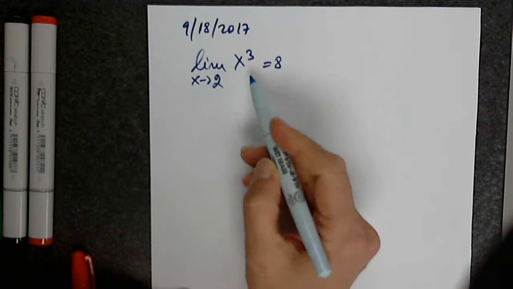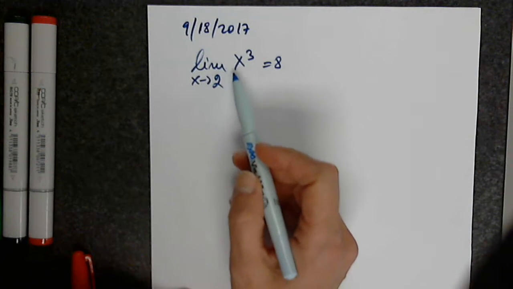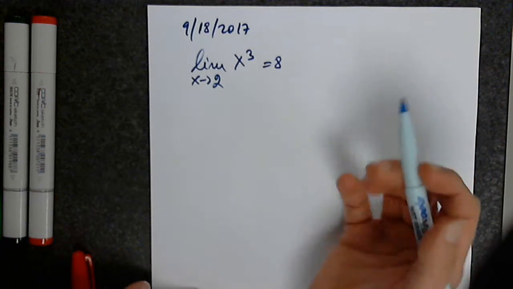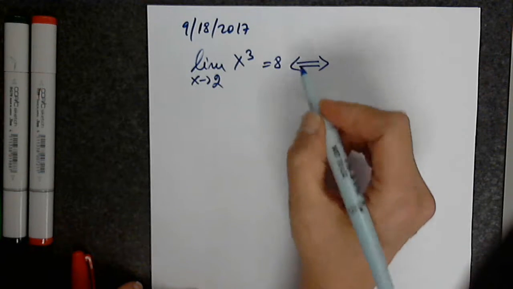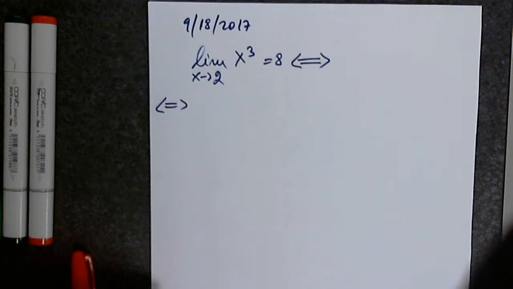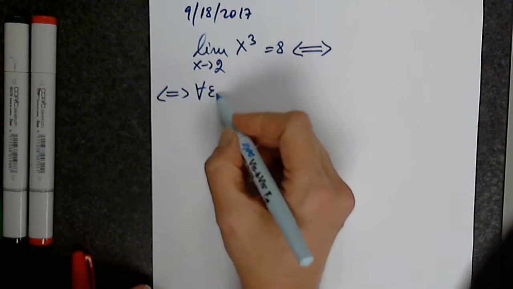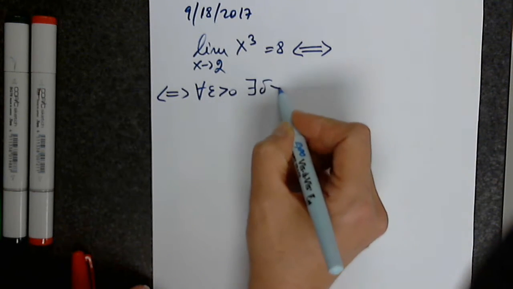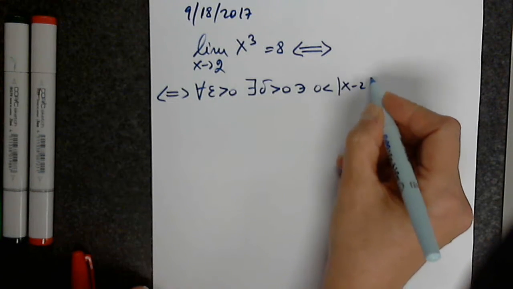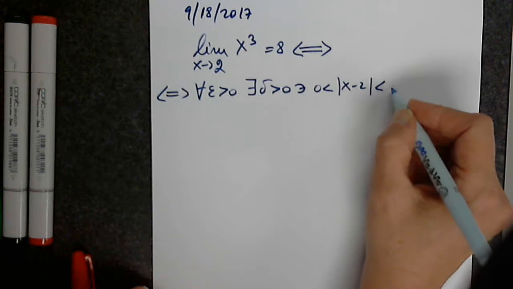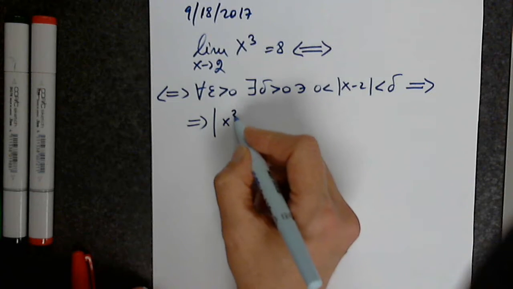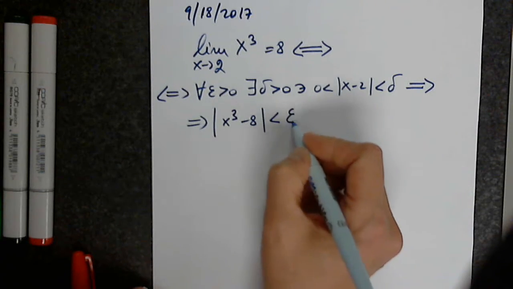So first of all, is this true? Is the limit of x cubed as x approaches 2 equal to 8? Okay. So this is equivalent to saying, in other words, and forgive me, but I will write the symbols: for every epsilon greater than 0, I will find a delta greater than 0 such that 0 less than |x minus 2| less than delta will always imply that |x cubed minus 8| is less than epsilon.